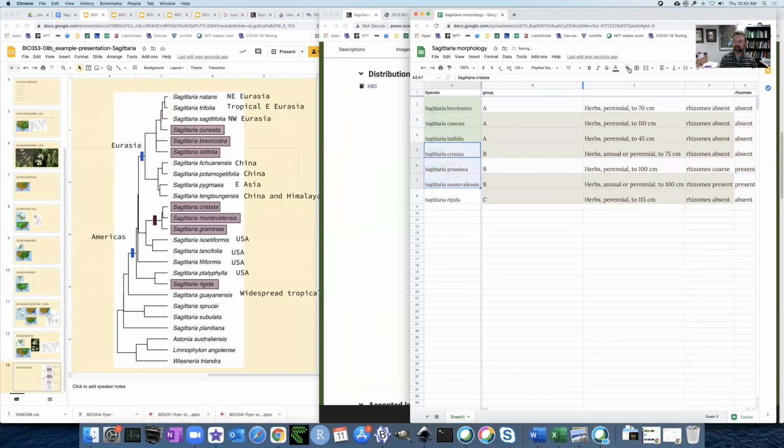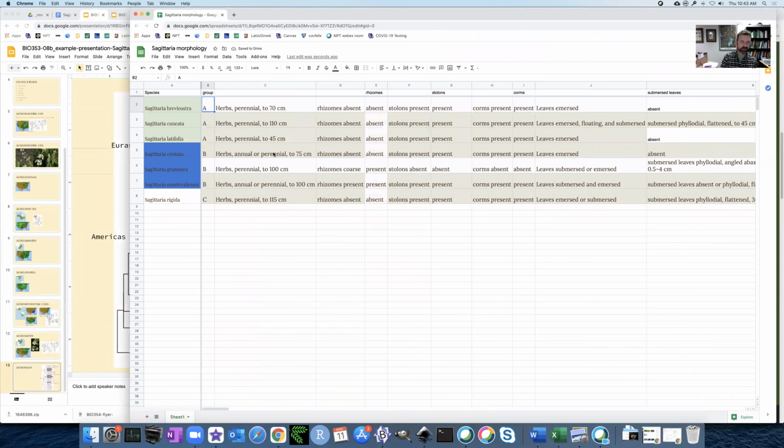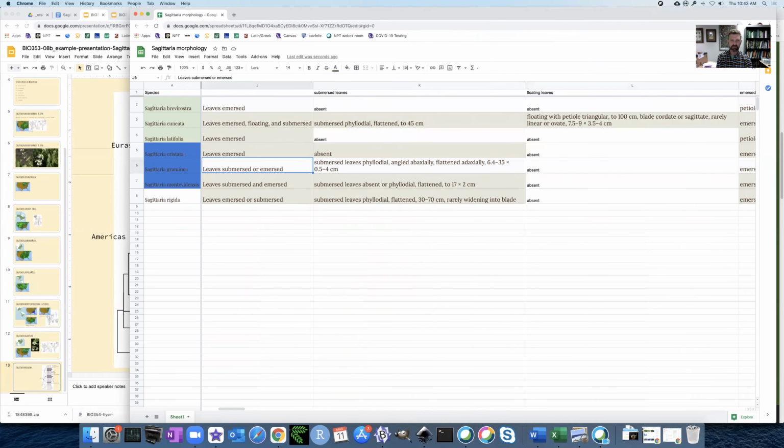And if you wanted to think maybe there was a difference among these that was phylogenetically useful, you could go through here and look for it. Rhizomes, corms. So this one species, Sagittaria graminea, is standing out from the others for a few things. Absent stolons, absent corms, but it's not a distant relative that would make you think that it's a big deal.